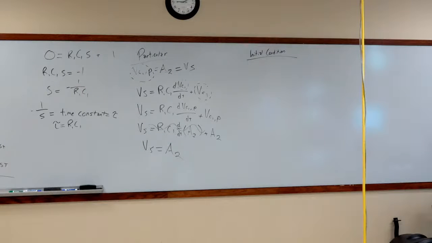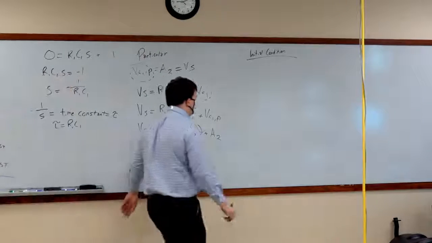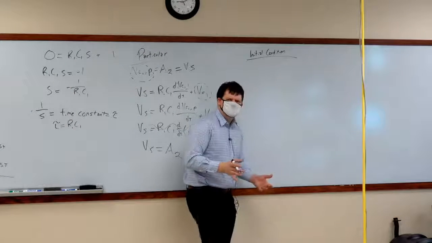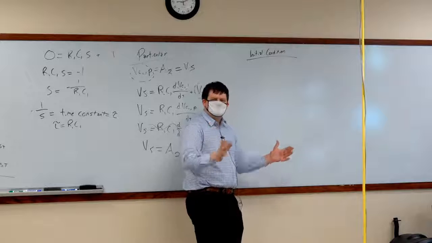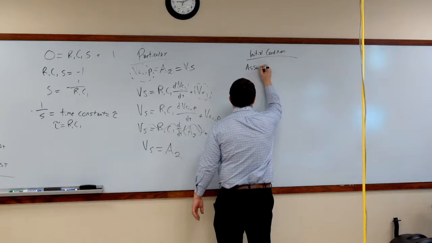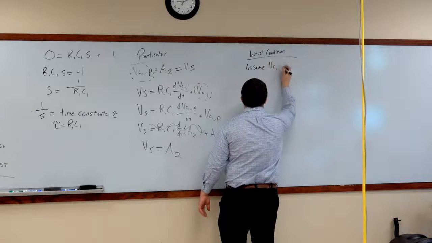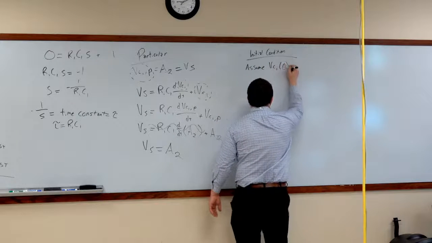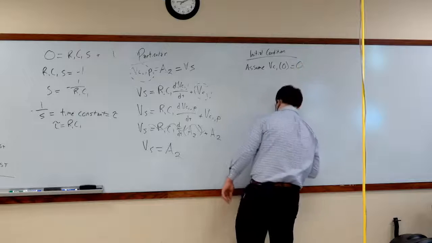We're just going to assume that Vc1 was equal to 0 at t equals 0. This should have been given to you. I didn't, but I should have. It's important. You have to know it. Assume Vc1 at 0 is equal to 0.